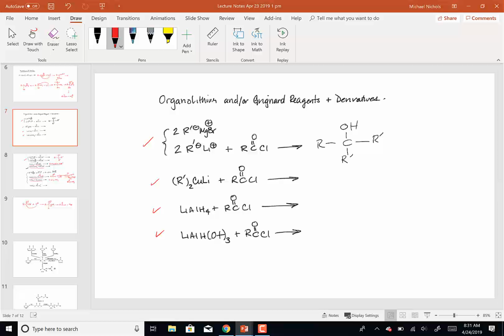We get a ketone, where the group that is added, the group that replaces the chloride, came from the cuprate. So cuprates only add 1 R group.